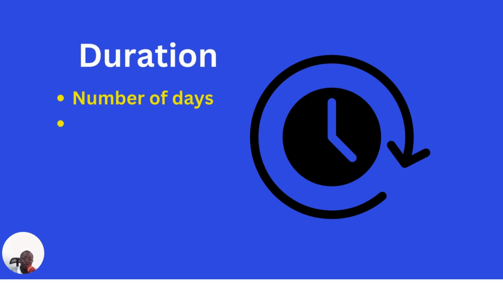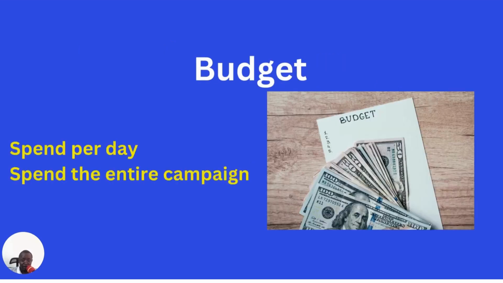For example, if you notice that the audience that you've targeted, people in Nairobi, are not giving you the right results, you can retarget your ads. You can change the audience. You can also change some aspects of the campaign. If it's the ad creative that is not creating the engagement that you want, you can always make changes and observe what happens after you've made the changes. So duration is very important.